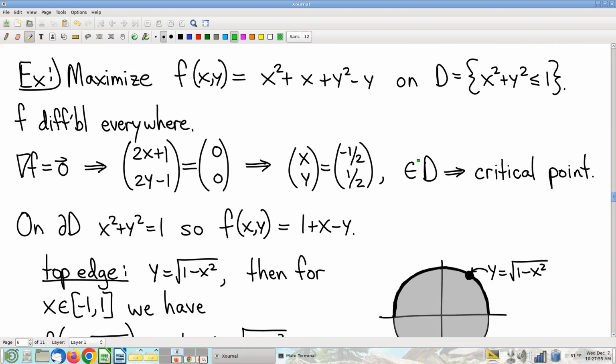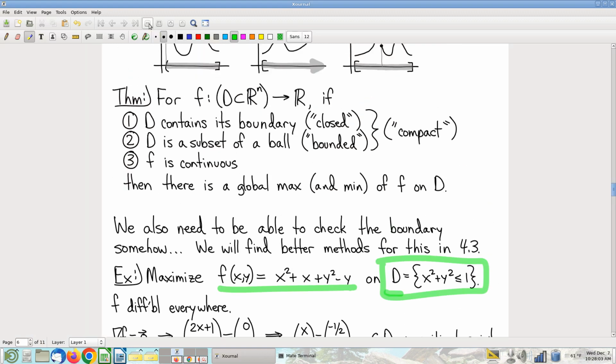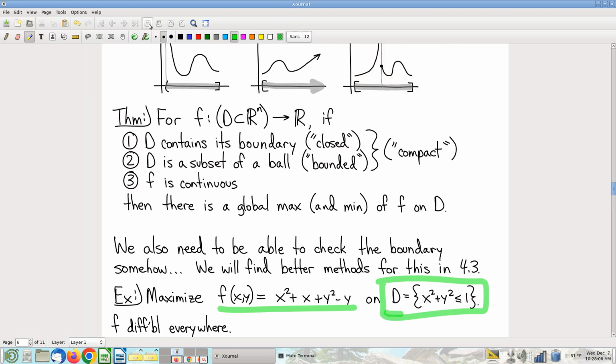Okay, so let's suppose that we're optimizing this function on this domain. And real quick, let's come back up here and think about, is this domain closed? Well, yes, it is. Look at that. It's less than or equal, so the boundary is included. So this is closed.